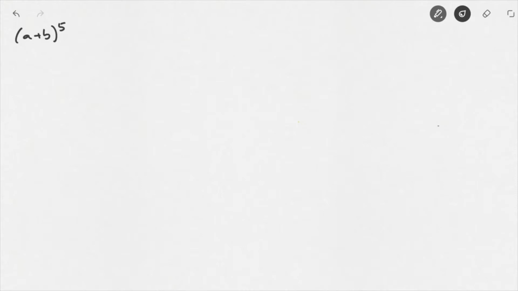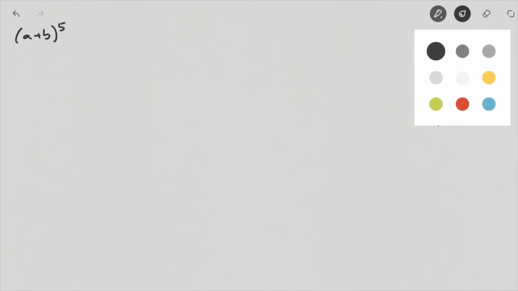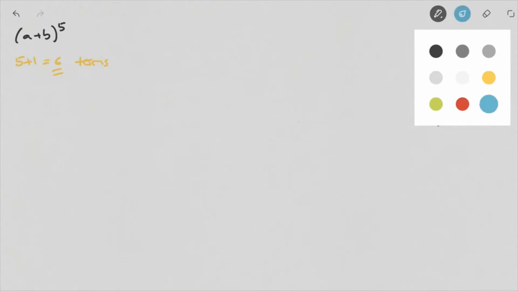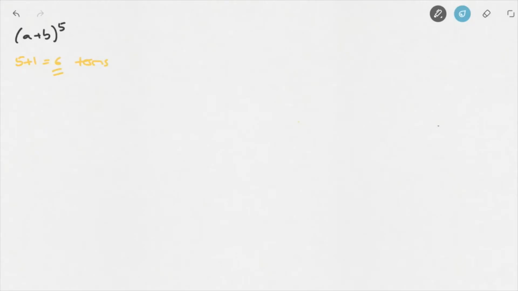Well, to begin with, following what we saw previously, it should have 5 plus 1 equals 6 terms. So I'll just write that. 6 terms. All right, so what we can already do is set up 6 little spaces in which we'll enter our terms. So that's 1, 2, 3, 4, 5, and 6.